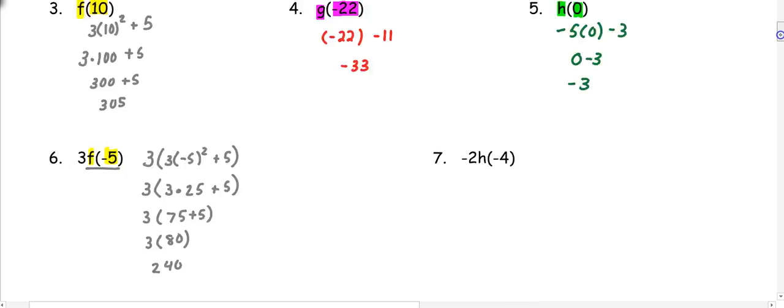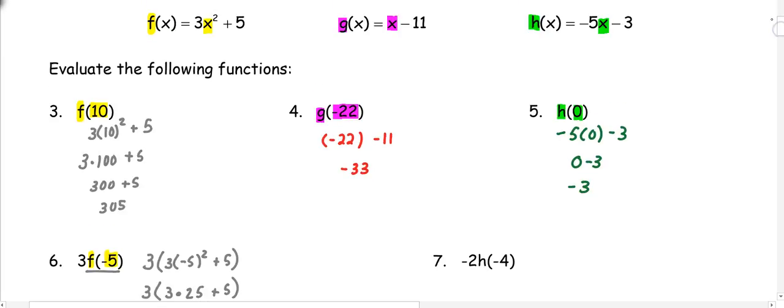In number 7, I have a coefficient of 2 for the h equation, and for the h equation, I'm going to put in negative 4. So I'm going to write negative 2 outside my parentheses, negative 2 parentheses, and I'm going to substitute negative 4 in for x.